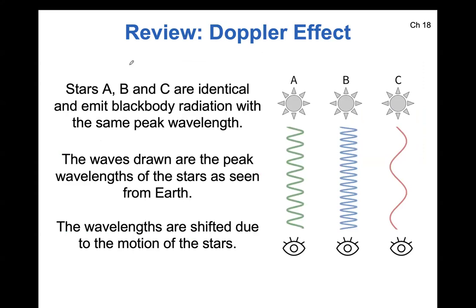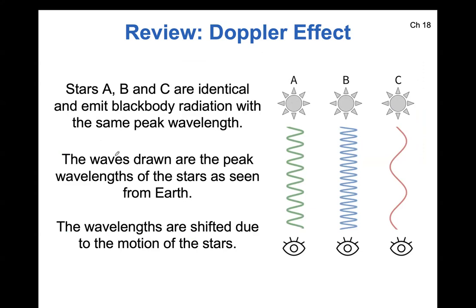Do you remember what it is? Stars A, B, and C are identical and emit black body radiation with the same peak wavelength. So let's say we already know that all three of these stars have the same surface temperature. Maybe they all have 5,800 Kelvin photospheres, so they all produce a peak wavelength at around 480 nanometers.